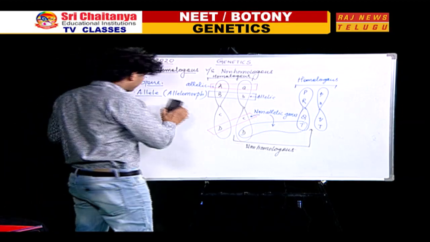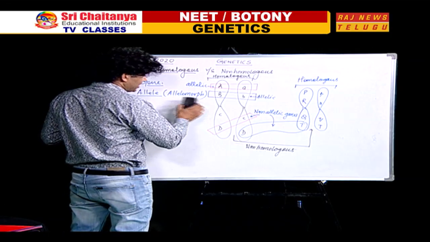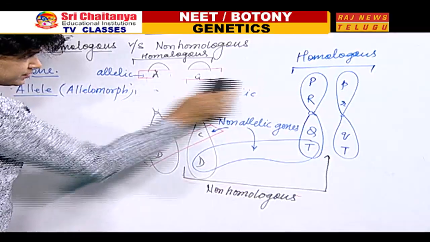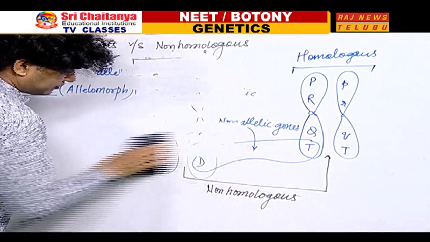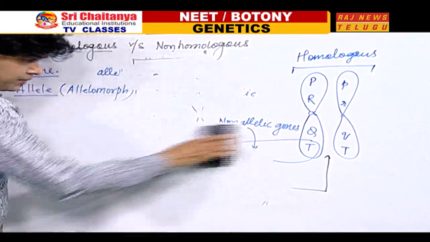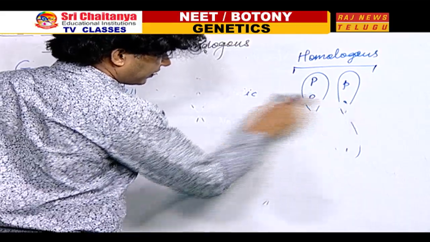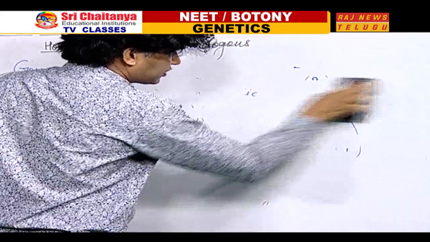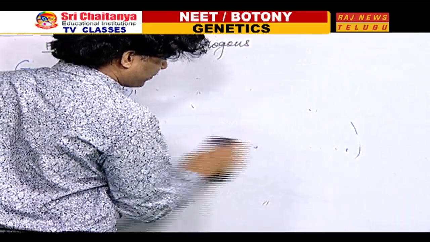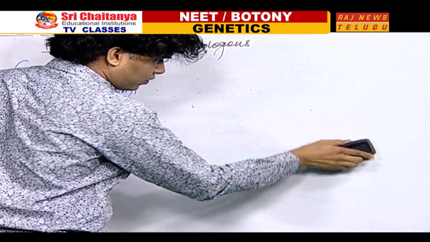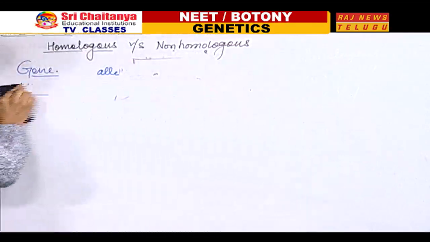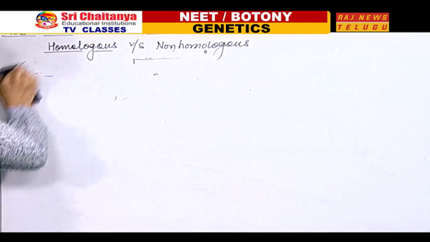So our discussion comes to the point of alleles, allelic genes or allelomorphs. Now allelic genes can show two types of combinations: homozygous and heterozygous.